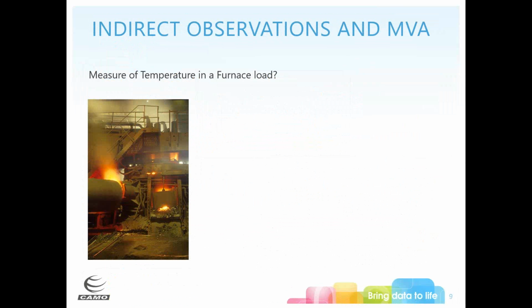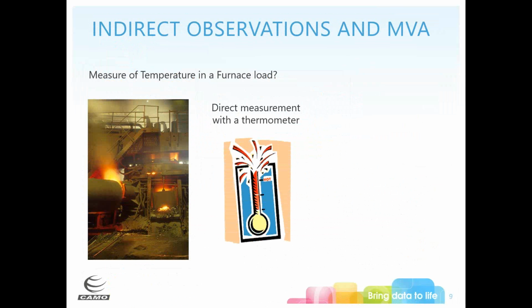Another reason that we might use multivariate data analysis is in cases where it's very difficult or time-consuming or impossible to make a direct measurement. So you might have to do something indirect, such as measuring the temperature in a furnace load. There's no real way to put a thermometer in there and get an accurate answer because it will burst.